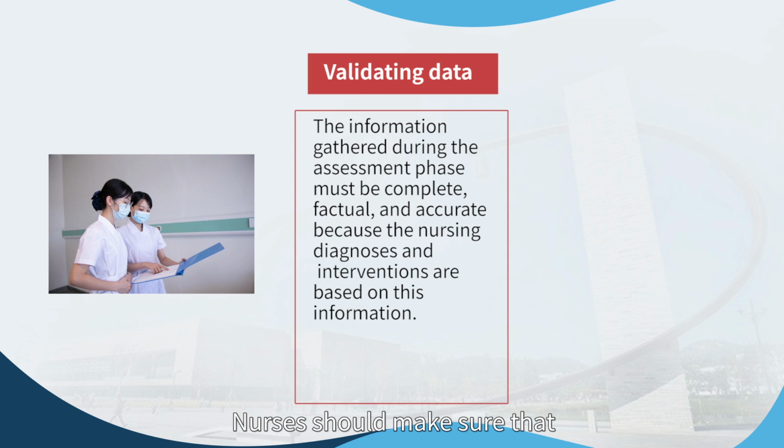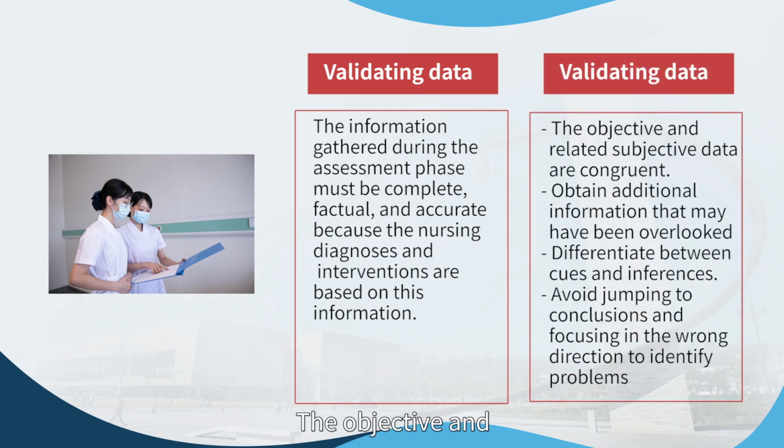Nurses should make sure that assessment information is complete. The objective and related subjective data are concurrent, and they should obtain additional information that may have been overlooked. Differentiate between cues and inferences. Avoid jumping to conclusions and focusing in the wrong direction to identify problems.